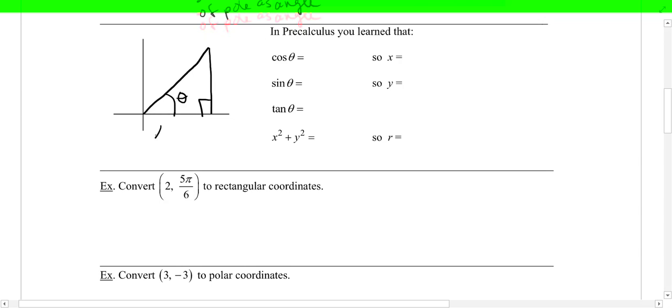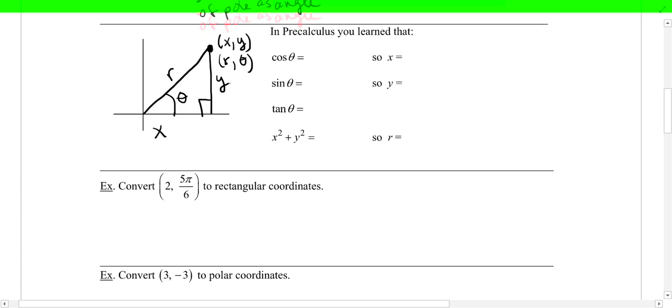This is our x coordinate. This is our y coordinate. And this is our radius on our unit circle. So we have some point out here on the unit circle. And there are two ways to write the coordinate for that point. There's the rectangular method, and that is x comma y. And then there's polar, which the same point can be designated as r theta.